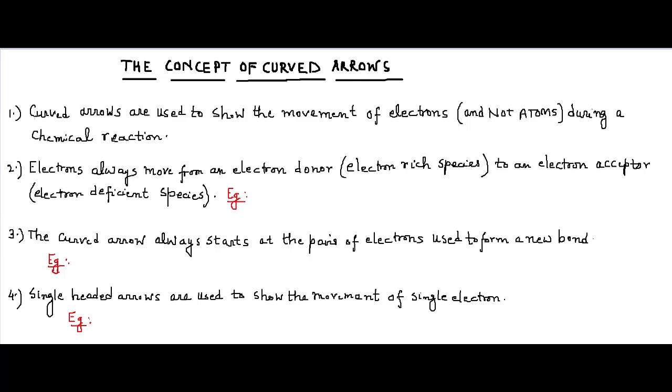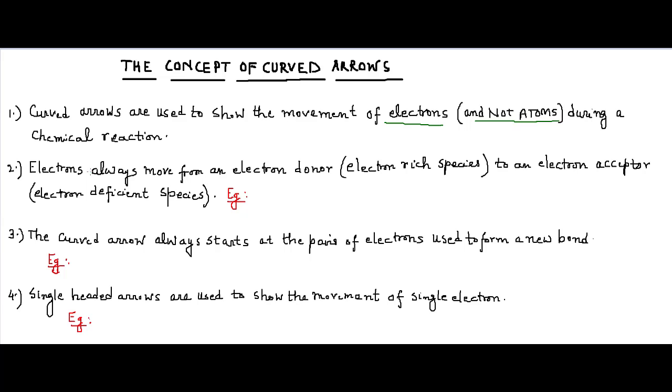The first point says that curved arrows are used to show the movement of electrons and not atoms during the chemical reaction. That means only the electron movement is being depicted by curved arrows and not the atoms.